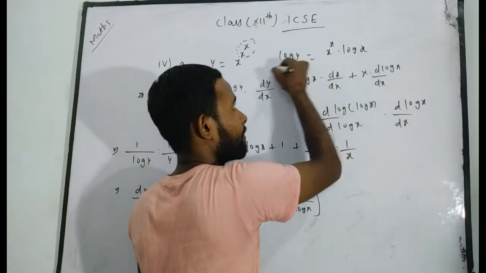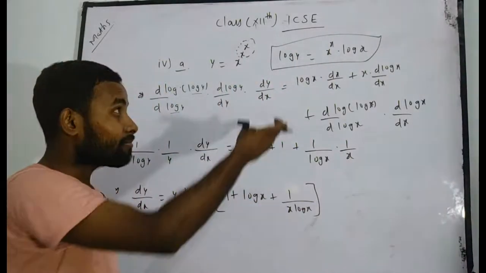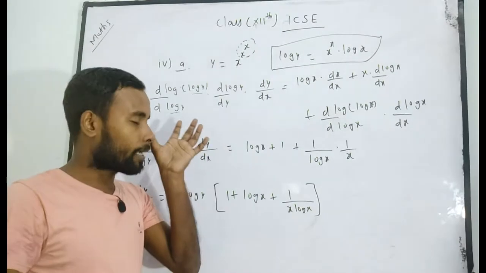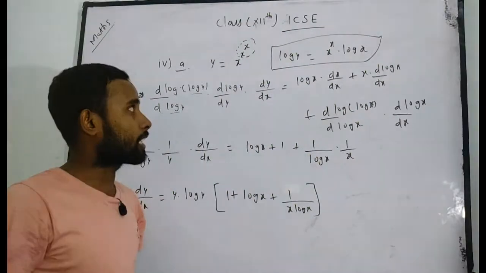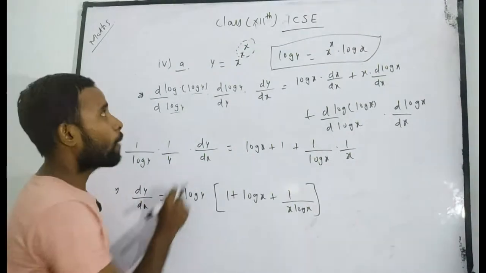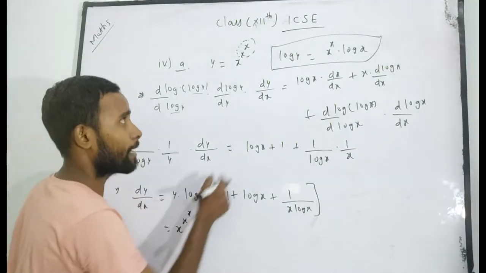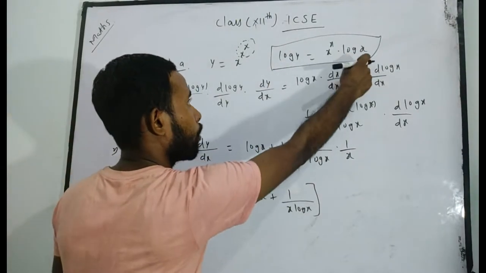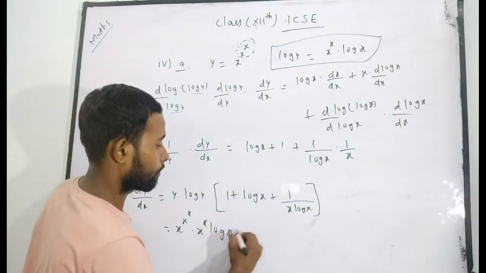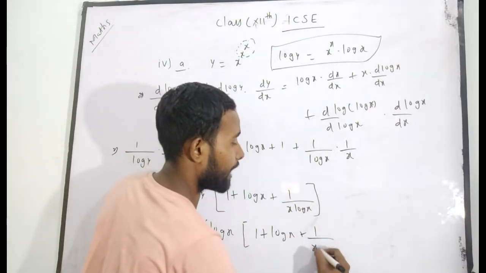I already got this in the first or second line when I took log, and I have written it in detail, so you will understand very well. Here y is equal to what? x to the power x to the power x. And what is the value of log y? x to the power x into log x. And this is your answer, 1 plus log x plus 1 upon x into log x.